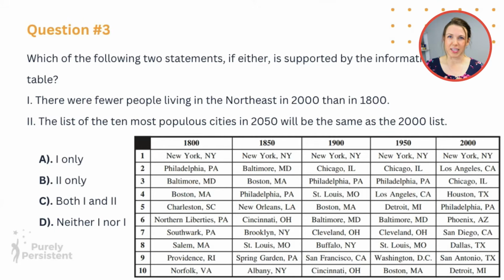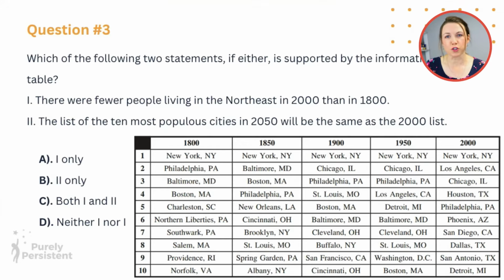Okay, so yes, we've migrated, right? We're no longer heavily in the Northeast. We still are, but we're spread throughout the country, right? But population growth has increased exponentially, right? We're no longer a couple million people, right? We have upwards of 400 million people in the United States.